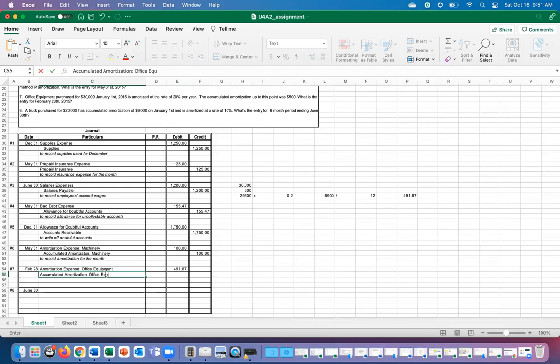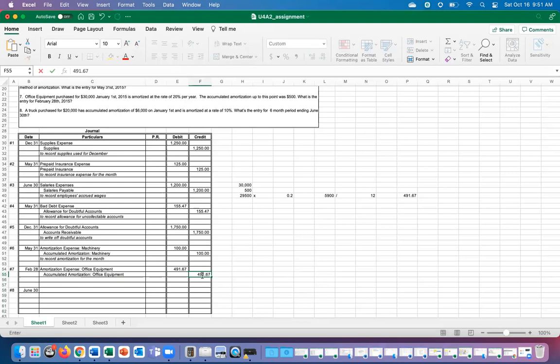The only thing that changes there is the name of the account, because we're talking about office equipment this time rather than machinery. And we'll just indent that because it's going to be a credit. And the credit is the same number that we put in before, the 491.67.